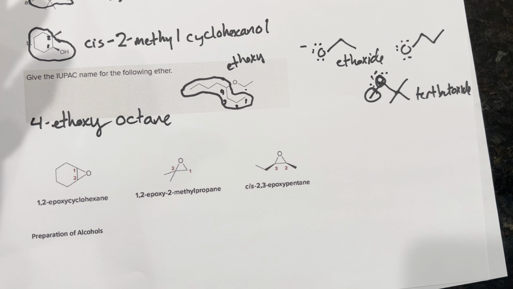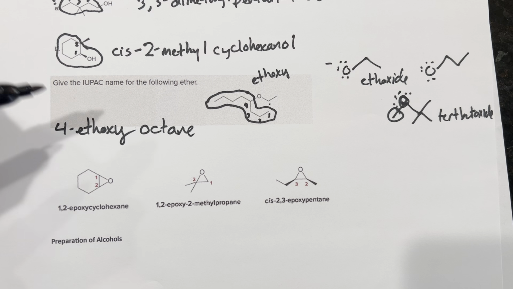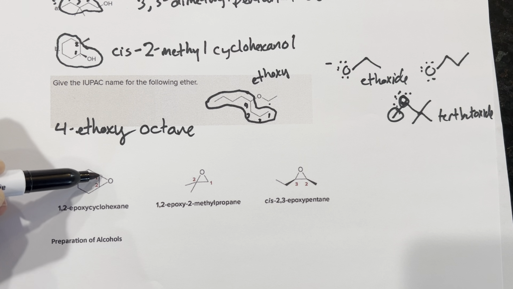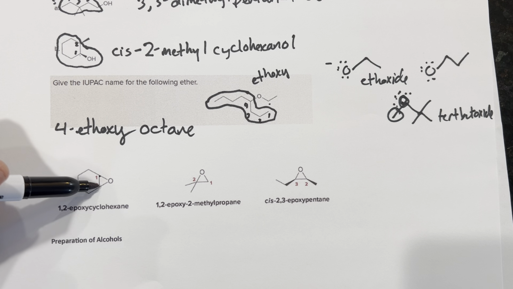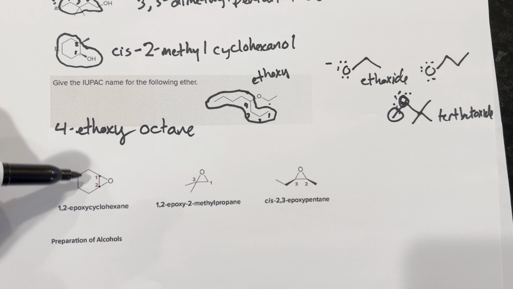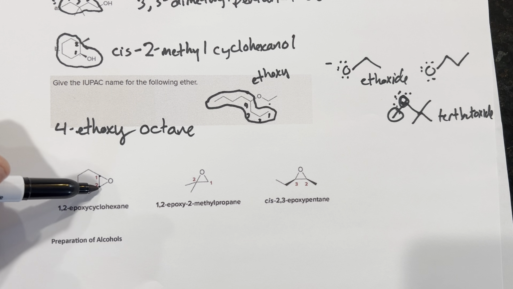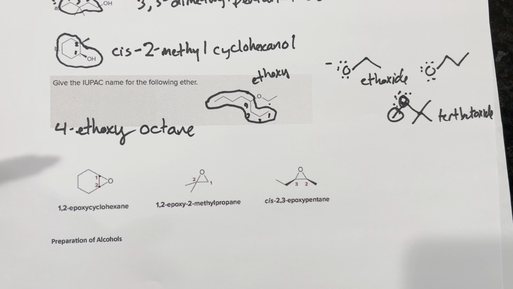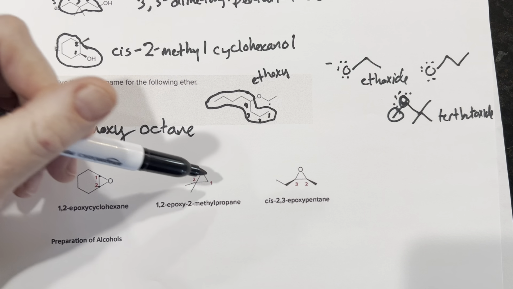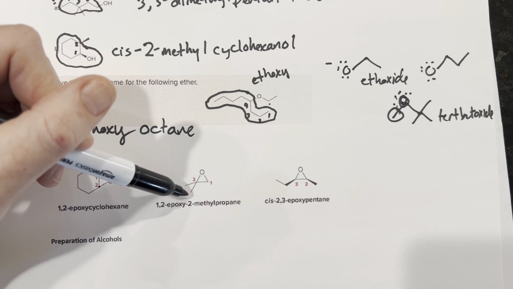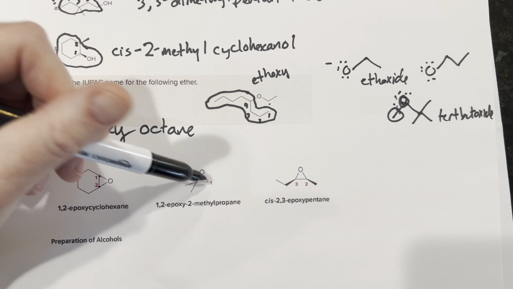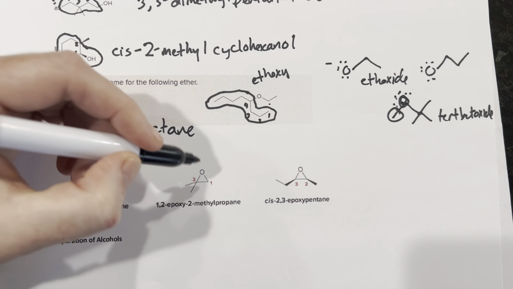Okay, then we have epoxies. Yay! These are kind of cool because you name both of the carbons that they're on. So this would be 1,2-epoxycyclohexane, because you have the cyclohexane and the epoxy is attached to 1 and 2. Here, the propane takes precedence, so it's kind of hard to see, so you want to be real careful here.